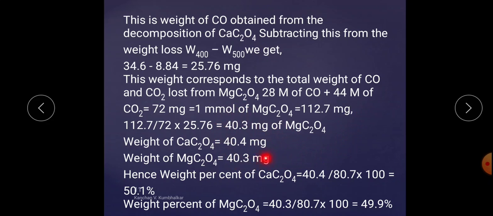By adding these, the total weight is 80.7, out of which 40.4 is the weight of calcium oxalate. By multiplying with 100 we get a percentage. So the percentage of calcium oxalate in the mixture is 50.1 and 49.9 is the weight percentage of magnesium oxalate.